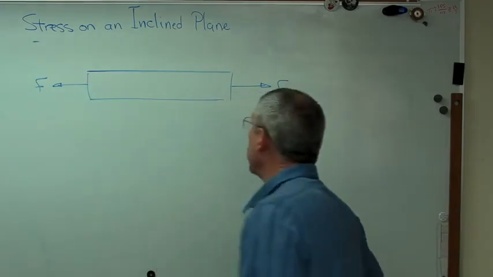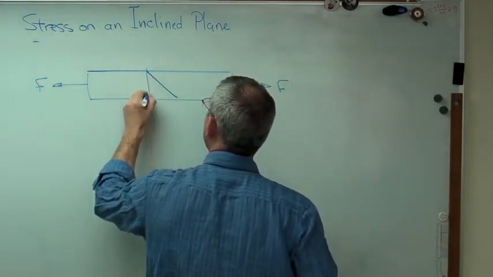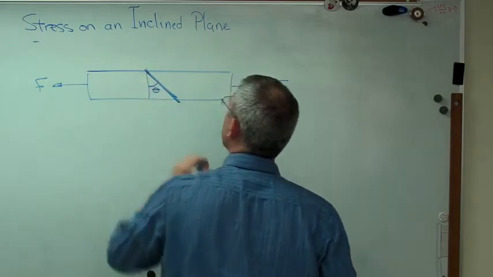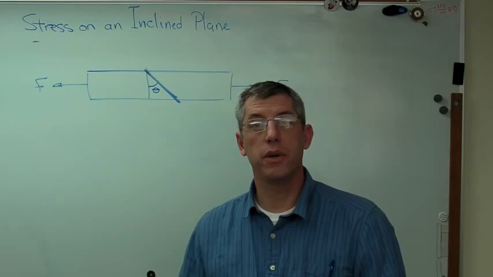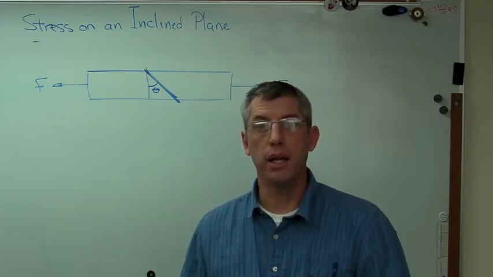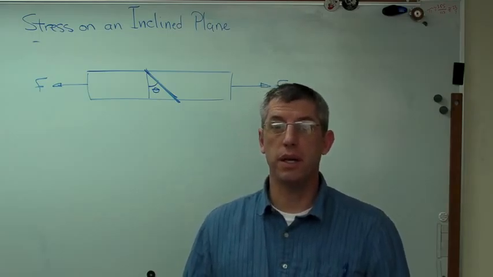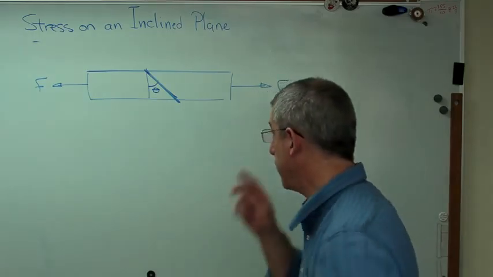Let's cut a plane through it, right like that, with that being theta. So that's the cut right there. Let's say I want to know the normal and the shear stresses on that plane. Well, it turns out we can use a little bit of trigonometry and our basic ideas of stress being force over an area, and we can calculate that.